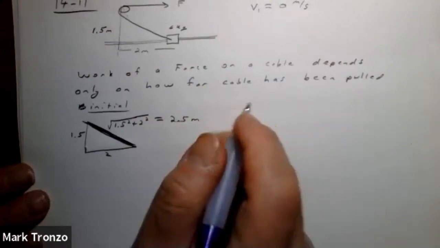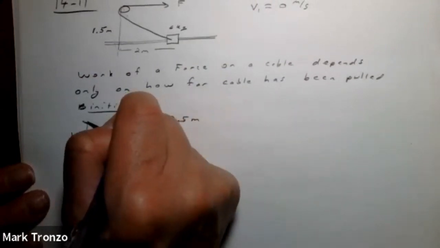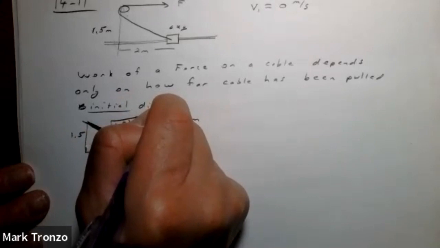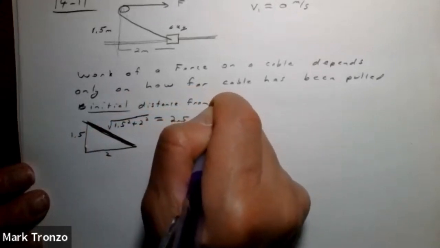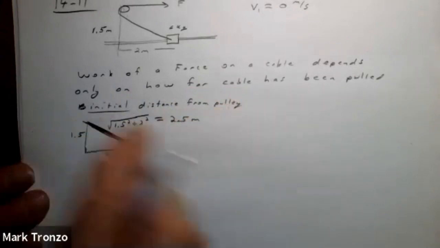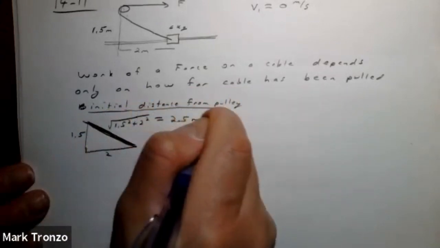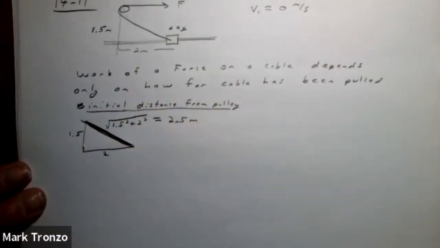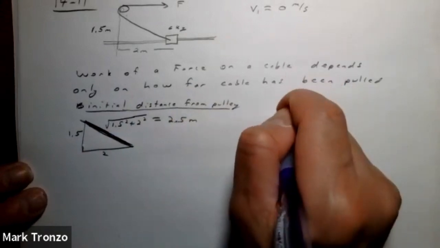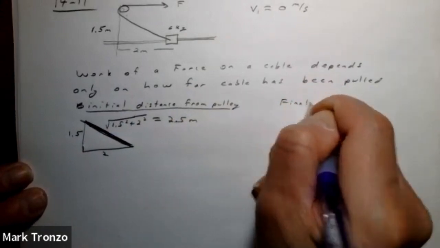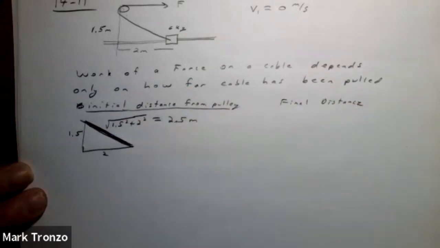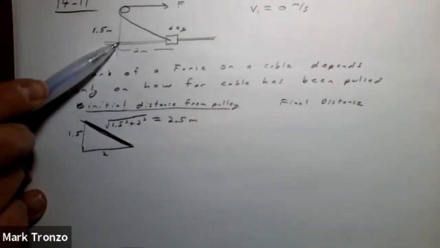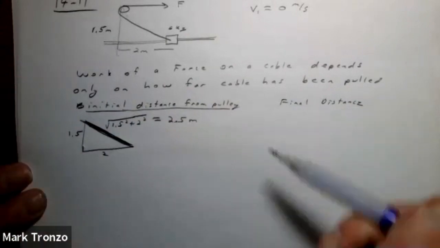So this is the initial distance from the pulley to the collar. And then the final distance, once the collar gets all the way over here, it's just going to be that vertical length.